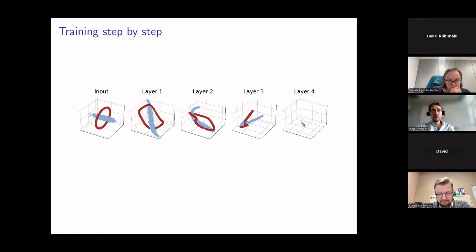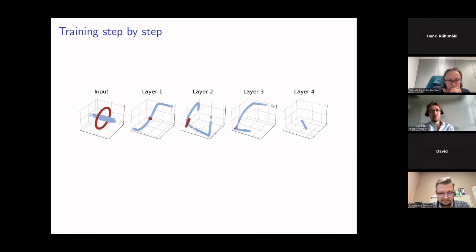And as we train, the model starts doing something like this. Really, instead of trying to really disentangle, really separate those two pieces of data, it actually noticed that if it constricts the red ring around this point, it will not affect the accuracy too much, because in the end, there is just going to be a very small number of points which it loops around.